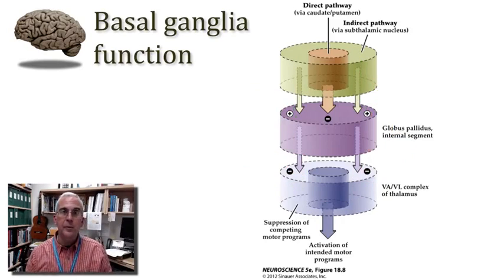Now, I want to apply some of these concepts to some of the disorders of movement that you'll see clinically. And as I've suggested in our opening, there's really a continuum of movement disorders. On one end of the continuum, we have disorders that produce too little movement, and on the other end of the continuum are disorders that allow too much movement.